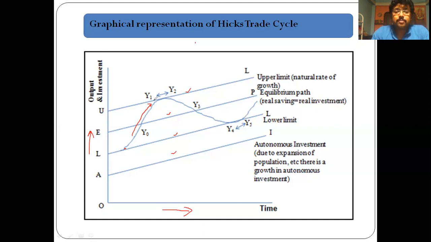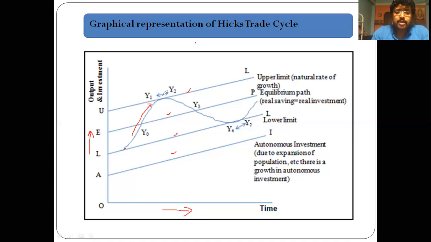Because there is a time between y1 and y2, as the induced investment depends on lags. There is lagged induced investment, and because of that this happens. Income moves along the UL line from y1 to y2.